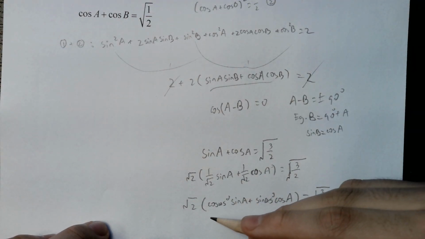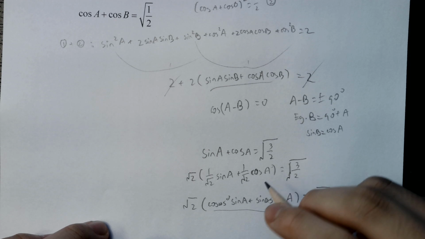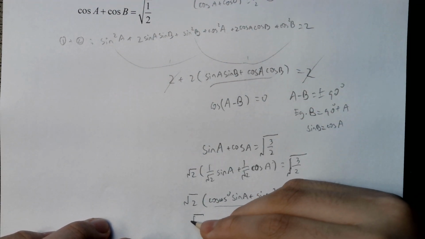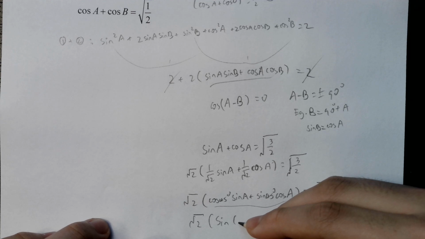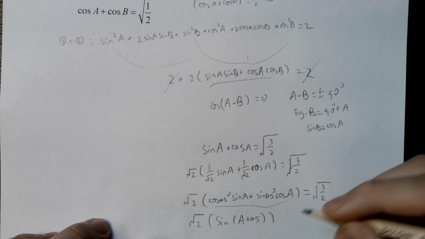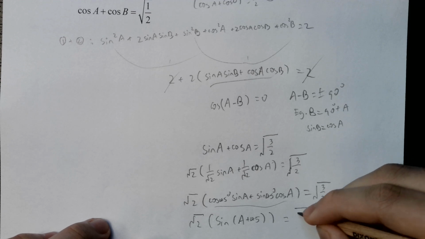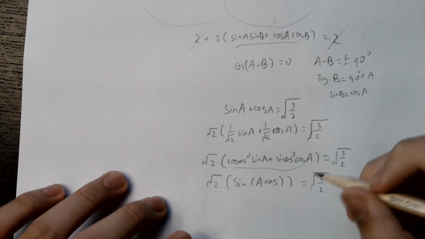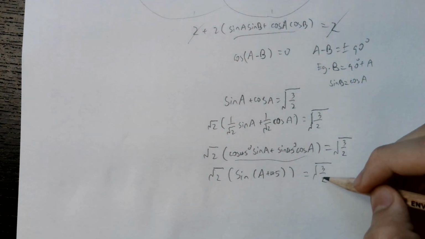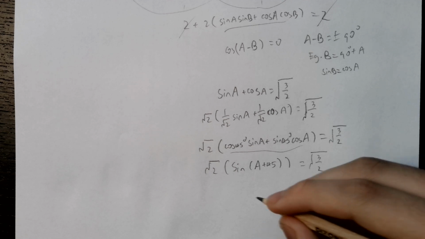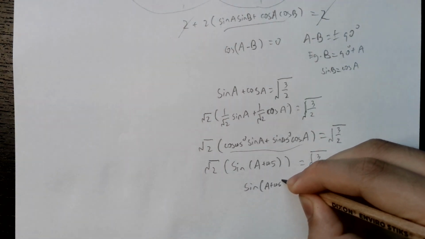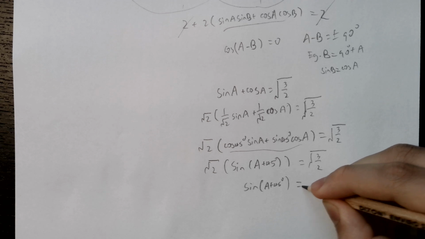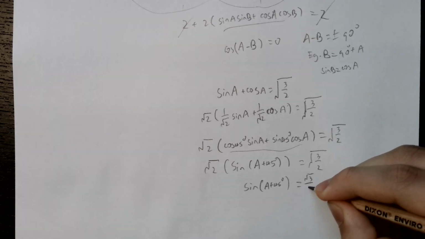Now, as you can see, if you look on the inside here, this is just equal to sine of A plus 45 degrees in the middle, and this is still going to be equal to square root 3 over 2. And so now we're going to move the square root 2 over here by dividing, and this turns into sine of A plus 45 degrees is equal to square root 3 over 2.